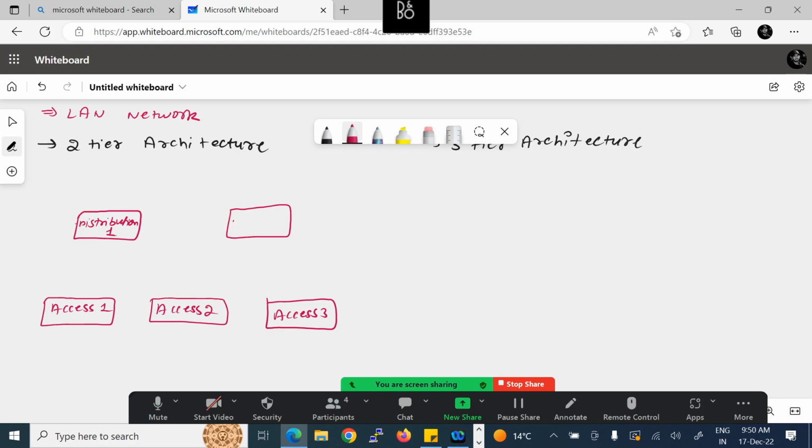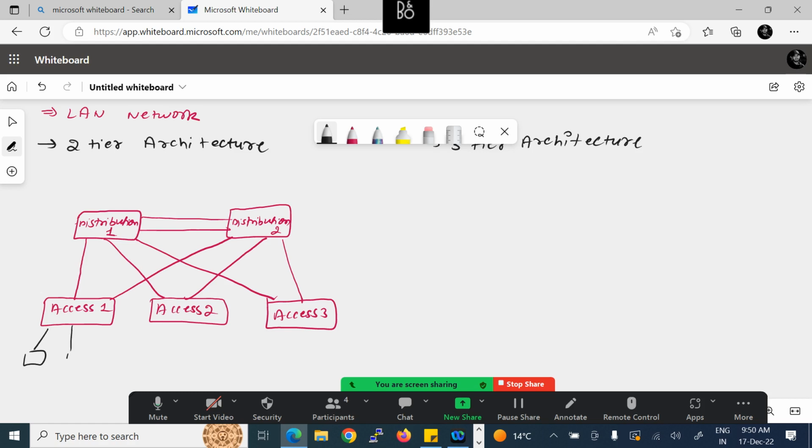Distribution 1 and distribution 2. Now I'll connect my access 1 with distribution 1 and distribution 2, distribution 1 with access 2, access 2 with distribution 2. Likewise, we'll connect access 3. All right. So this is how we build a network. And now all of the users will be connected at the access layer.